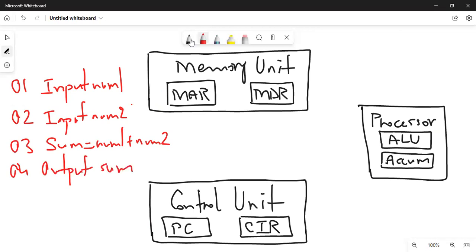Let's consider that this program is stored inside my memory, for the time being.